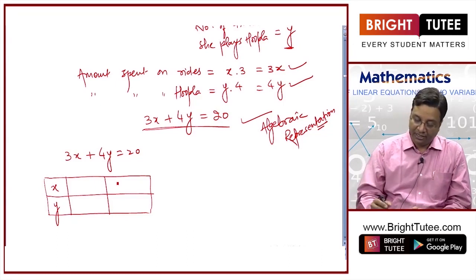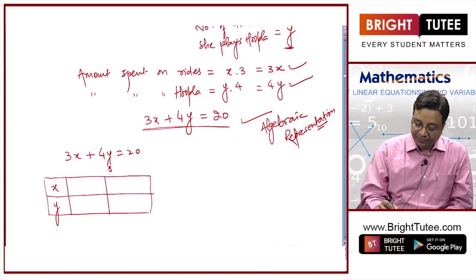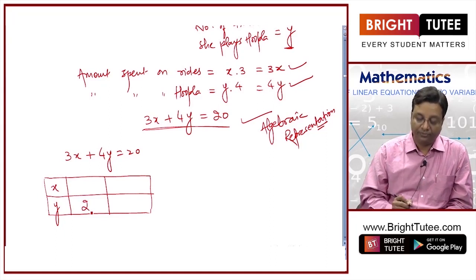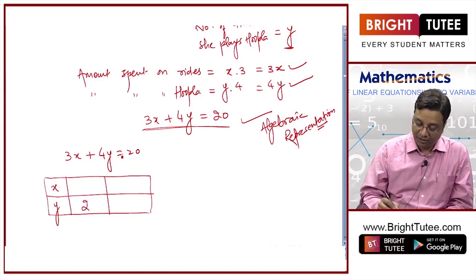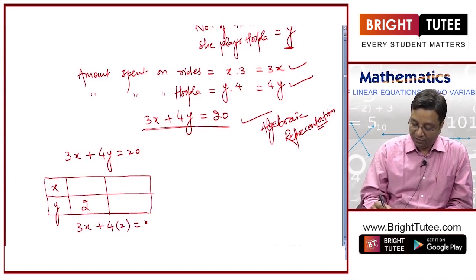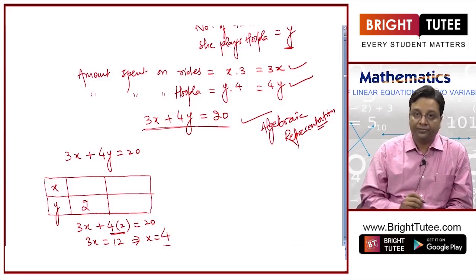So now if I put the value of y as 2 in this equation, what will happen? 3x plus 4 into 2 will be equal to 20. So 3x is equal to 20 minus 8, that is 12, hence x equal to 4.